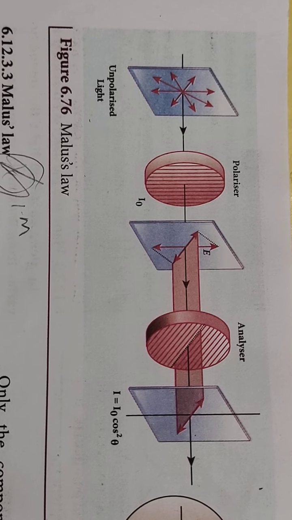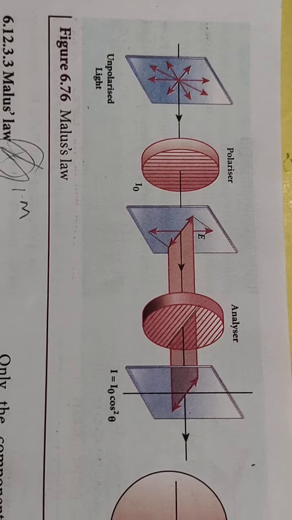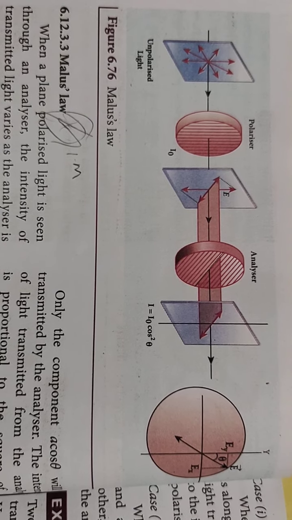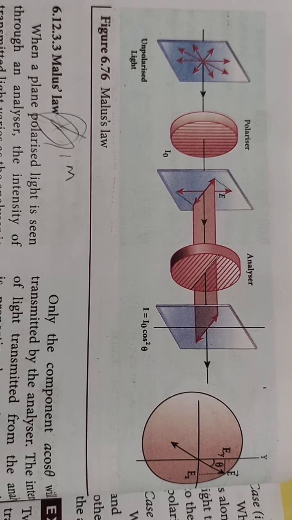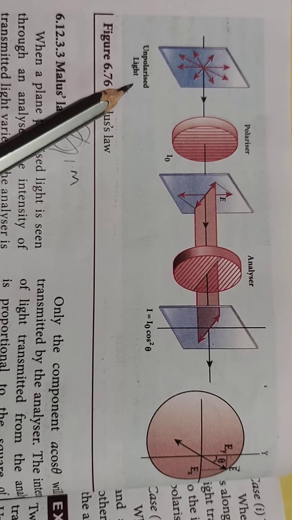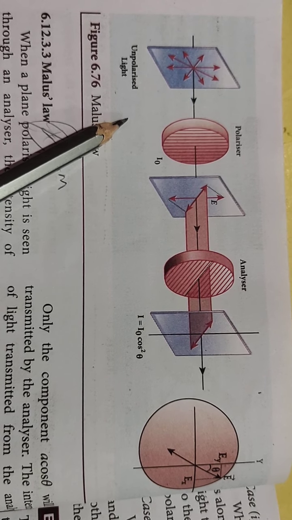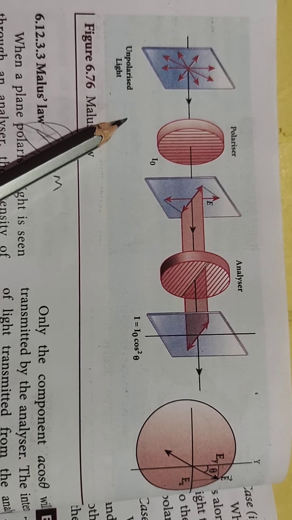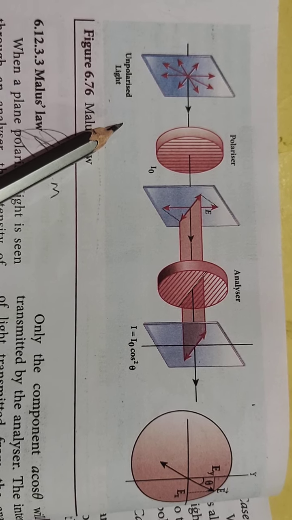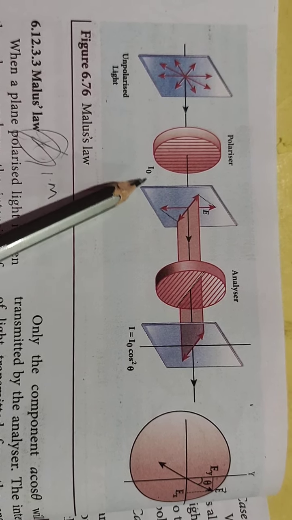Next topic, Malus's law. Figure 6.76 explains Malus's law. Here this is unpolarized light. When unpolarized light is seen through the analyzer, the transmitted intensity varies as the analyzer is rotated.